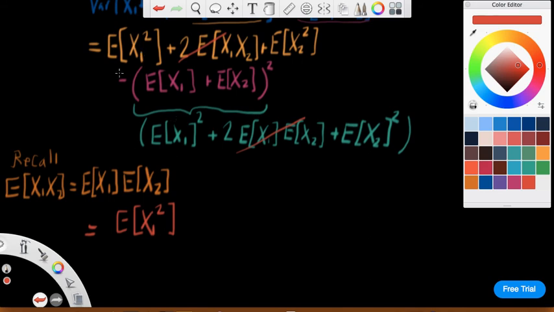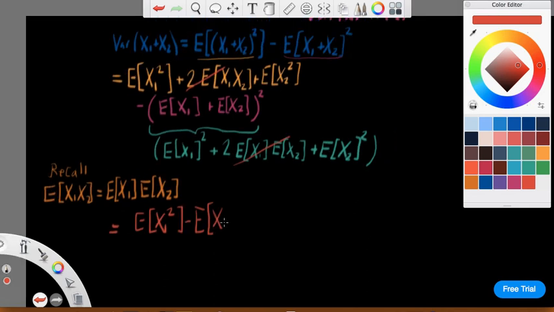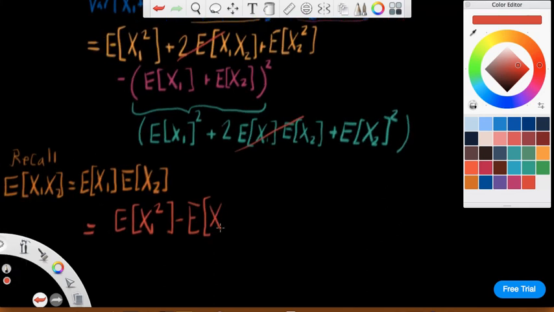But now I will take this term, which we are subtracting, subtract the expected value of x1, all squared.